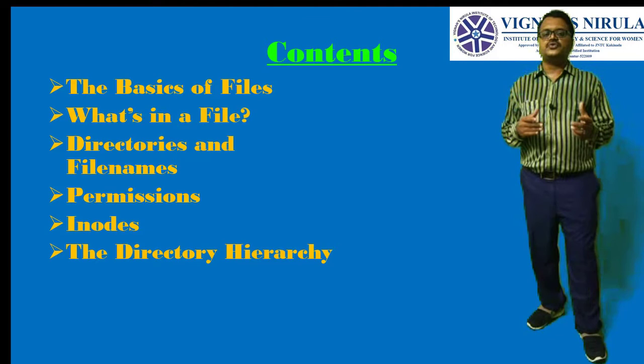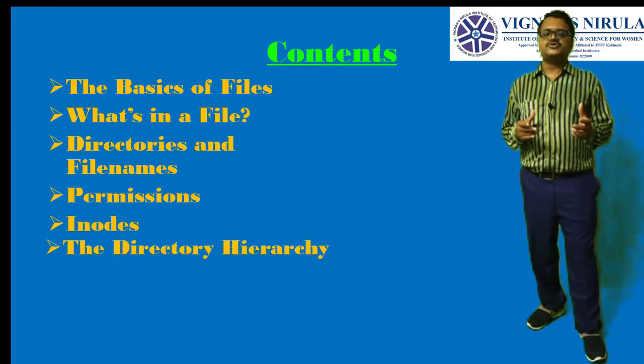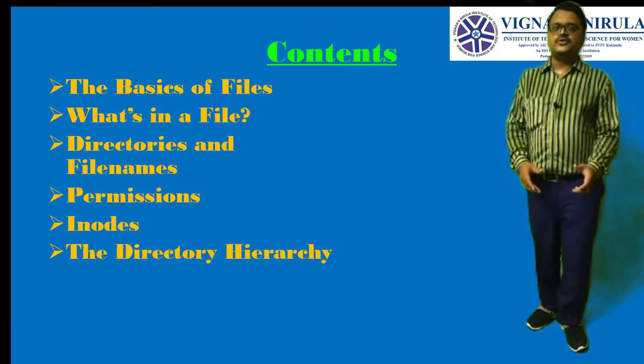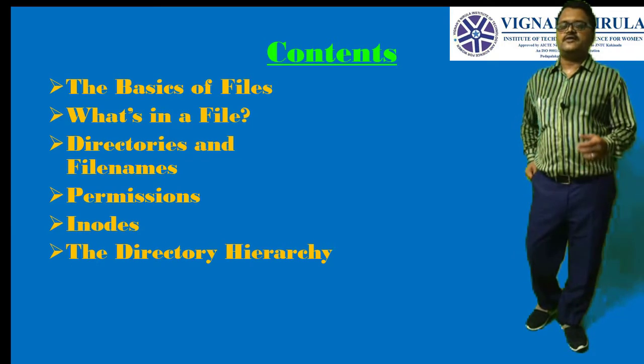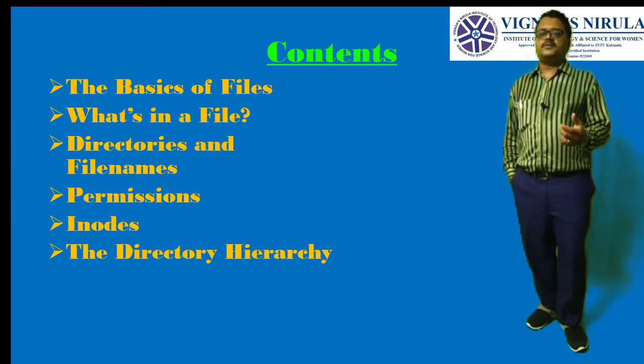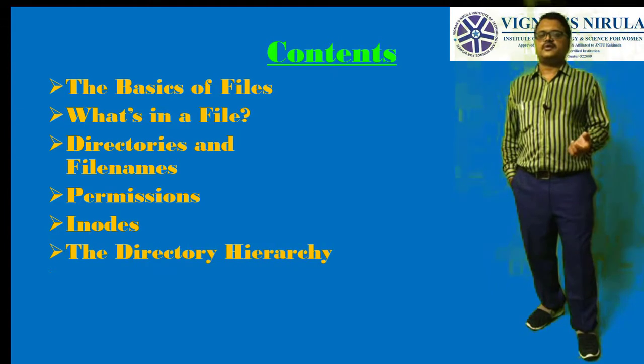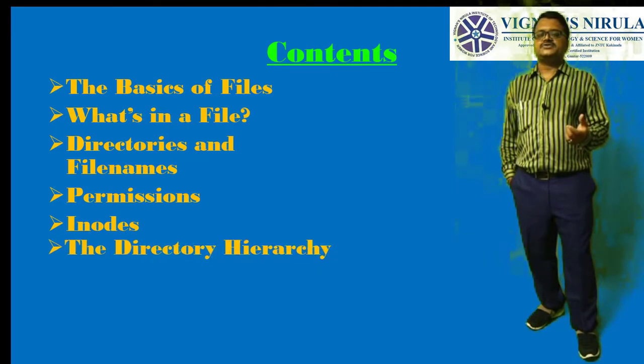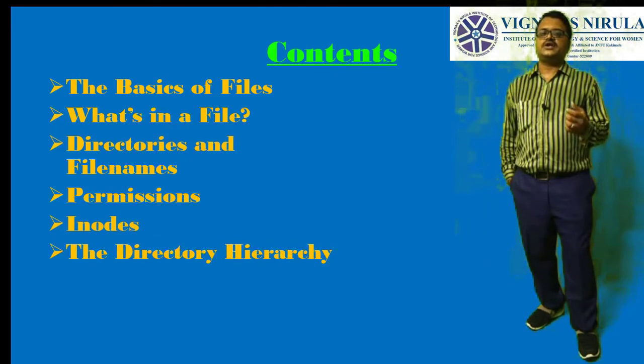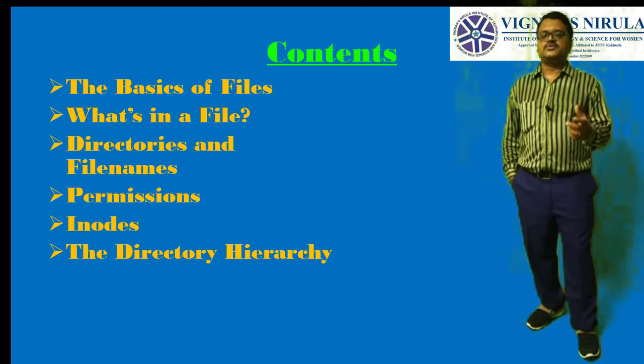Starting with the root, which is the topmost directory in the Unix operating system, we will discuss the different types of directories present in the Unix operating system and what each contains. We will see one or two examples in each directory. So that is about the directory hierarchy in Unix operating system.